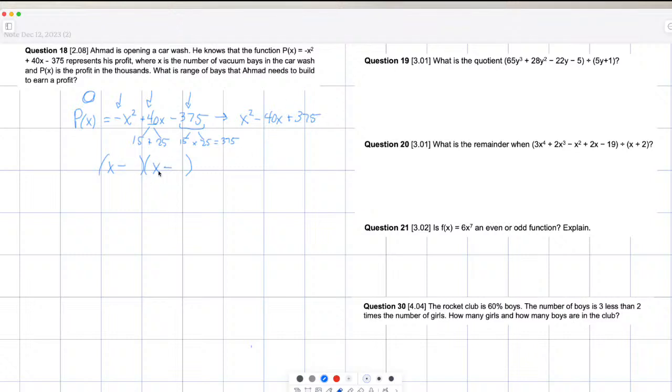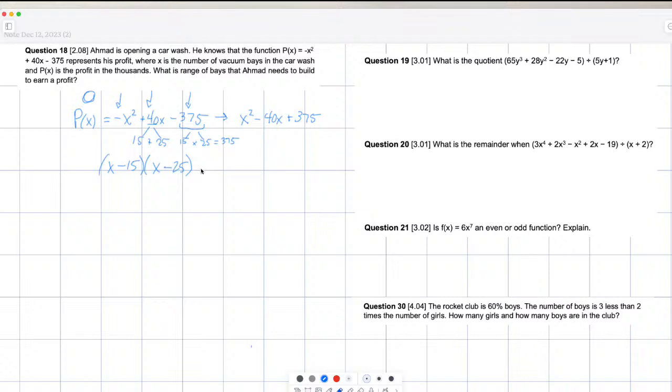So it's going to be minus for both, because negative times negative is positive. And now we need negative 40x, so we're going to put x minus 15 here and x minus 25 here. And that's going to be x squared, and then minus 25x minus 15x will be minus 40x. And then minus 15 times negative 25 is going to be plus 375.